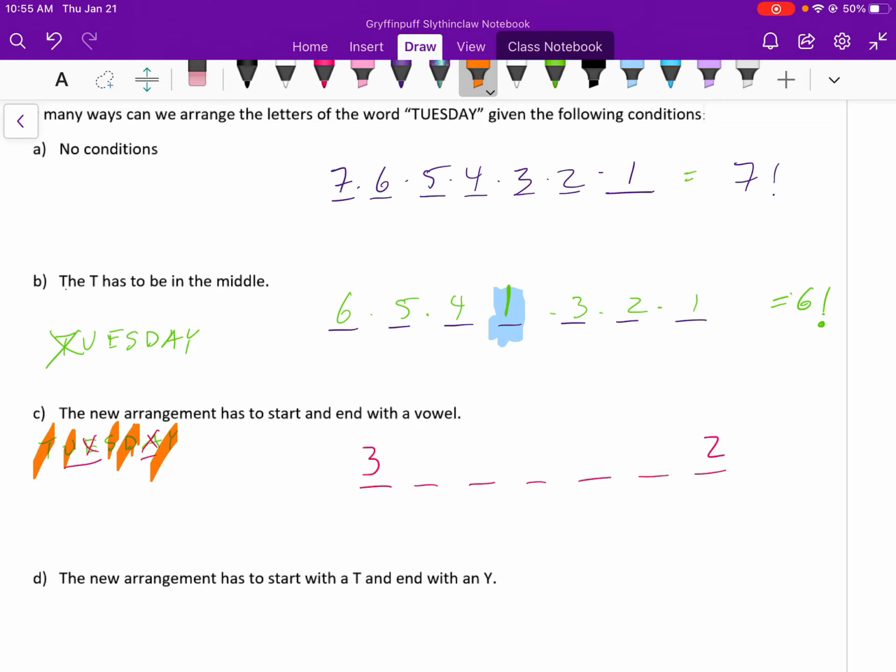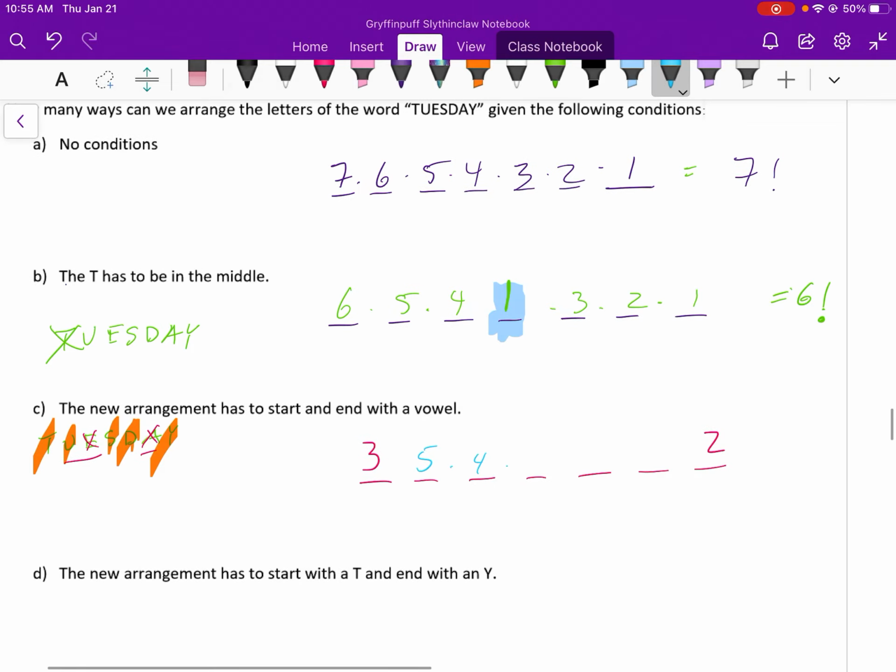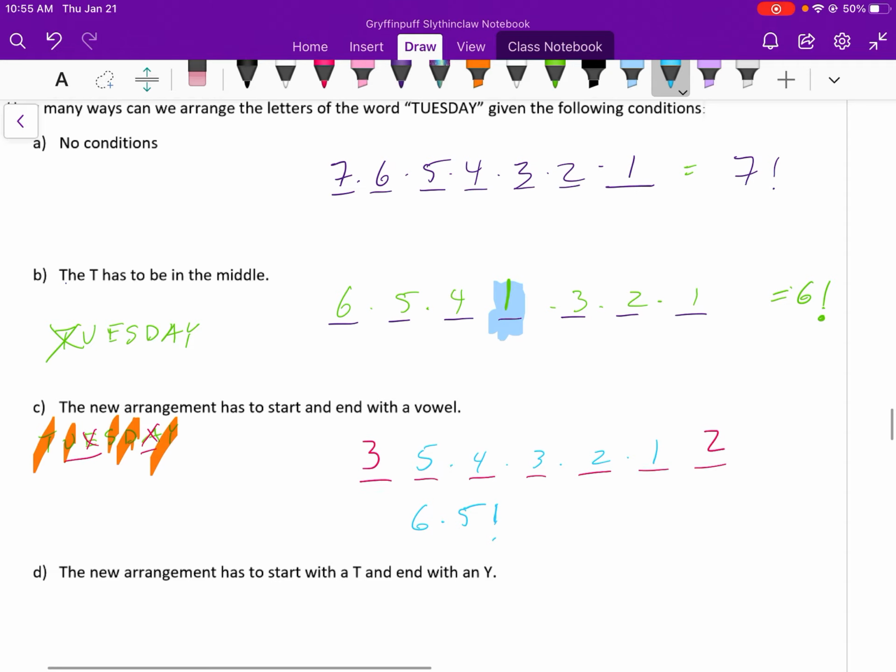Now I'm going to place the remaining 5 letters in the spaces, so that I would have 5 choices times 4 times 3 times 2 times 1. In other words, I'm going to have 3 times 2 times 5 factorial, or 6 times 5 factorial. This can be expressed as 6 factorial, or very simply, you can just multiply these numbers.